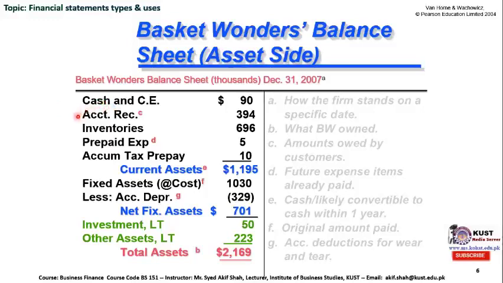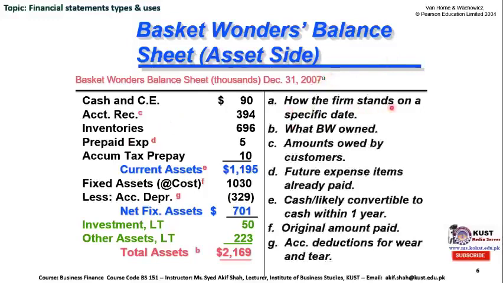Secondly, you write down that asset which is going to be converted into cash in a faster way and near to the original amount. Like accounts receivable: the company might have given a certain amount as a loan, or products or services might have been delivered to certain customers who promised to pay that amount in the future. Usually accounts receivable are convertible into cash within 30 days. This is basically representing how the funds stand on a specific date, as the definition says.